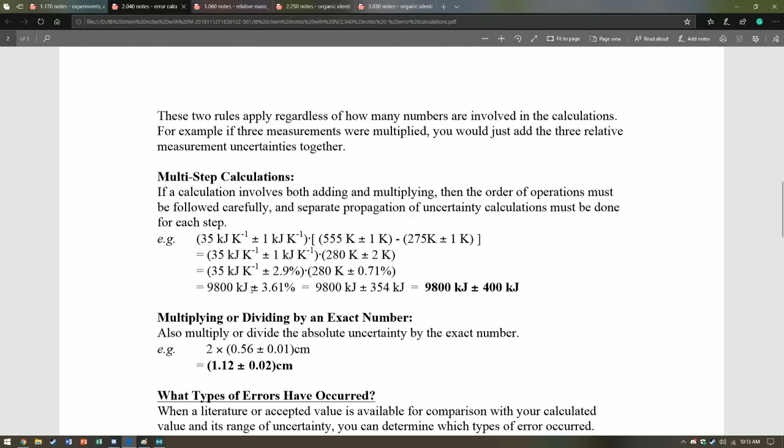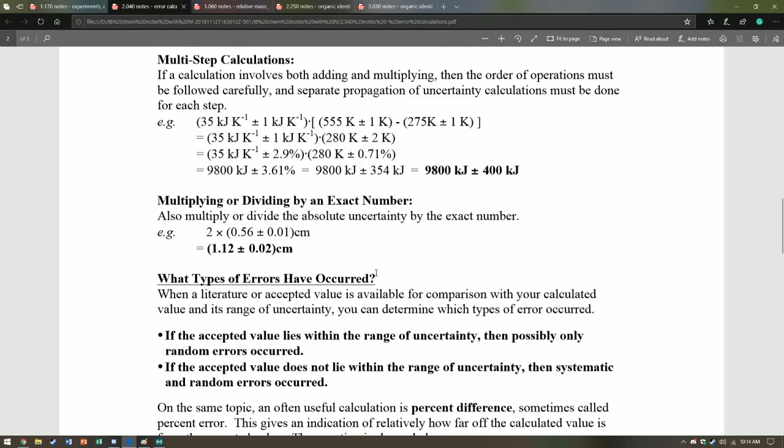If you get something like this, you must round it to match the number of sig figs you calculated here. Although we get 354 kilojoules, there are only 2 sig figs, so we have to round to match the precision of this number, the 2 sig figs.